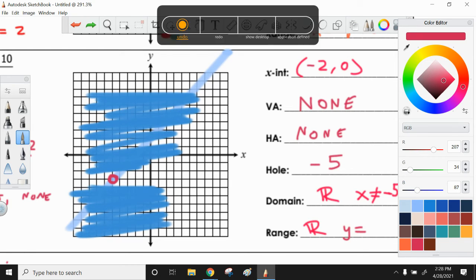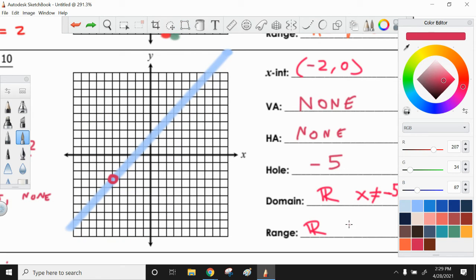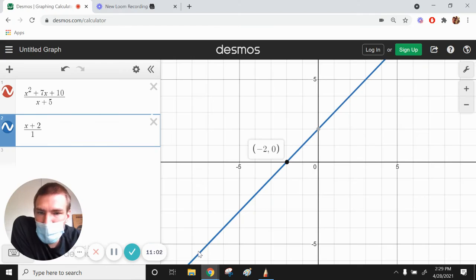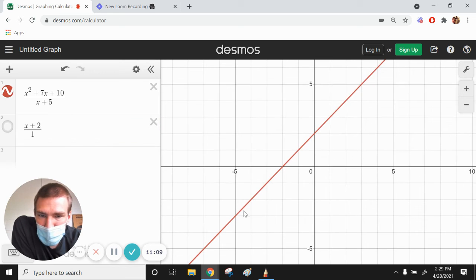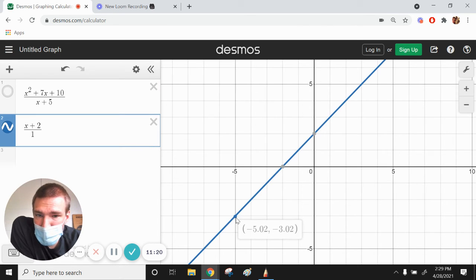And you're totally right. The truth is that I don't think that's that important as a teacher. I don't think this year we had enough time to go through that. But technically, if we look at our Desmos here, we have this gap where we have our hole at negative 5, but the y value should have been negative 3.